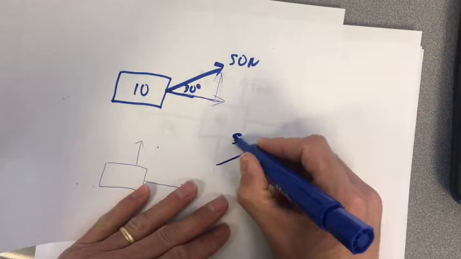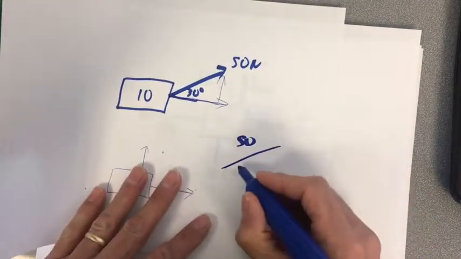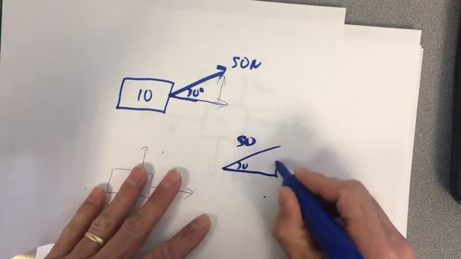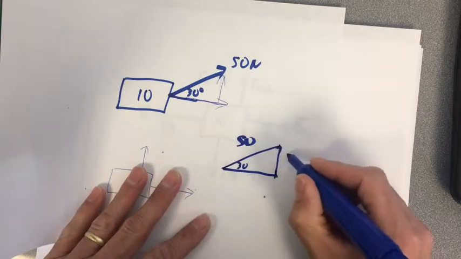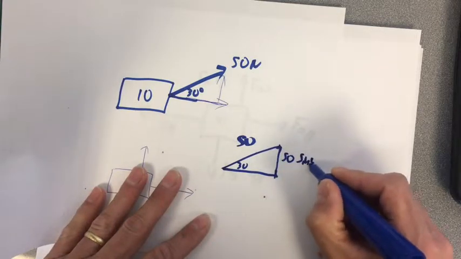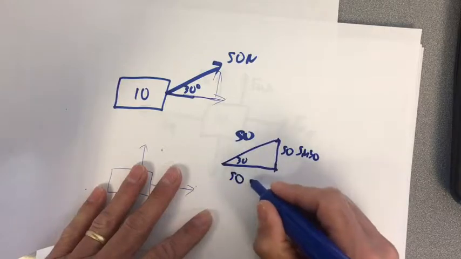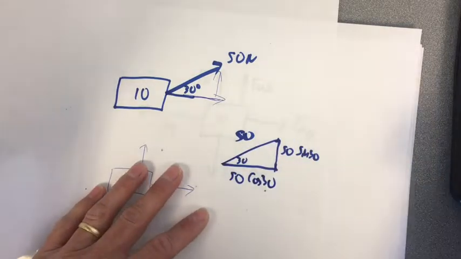I've got 50 newtons at an angle of 30 degrees. So this is going to be 50 sine 30, and this is going to be 50 cos 30.